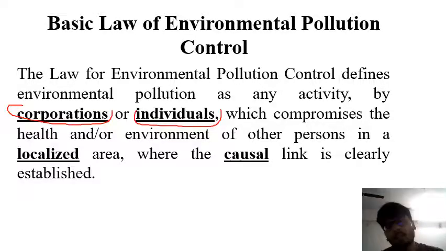So basically the law for environmental pollution control defines it as any kind of activity by corporates or individuals which compromises the health or environment of any person, right? So this law has been made just to control environmental pollution. Fine.